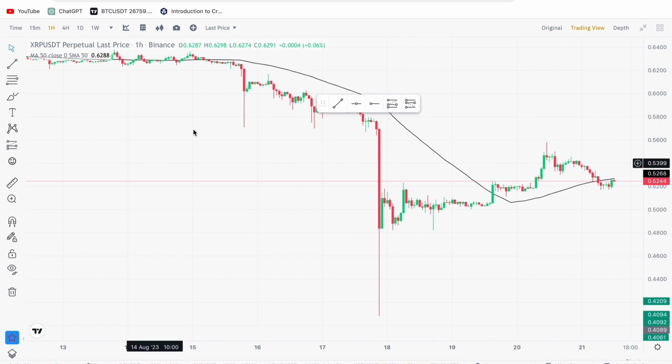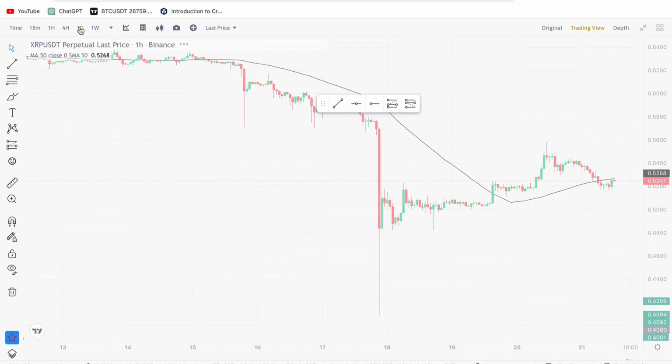Okay, so the first thing that you need to do is, once you are on your Binance chart and you want to do technical analysis for a particular pair, you are going to select the pair from CoinMarketCap, and I told you to use from the 100 coins. So let's say I've selected XRP. I'll first go to the daily time frame here, that's the 1D.